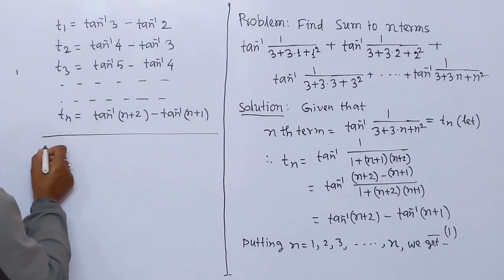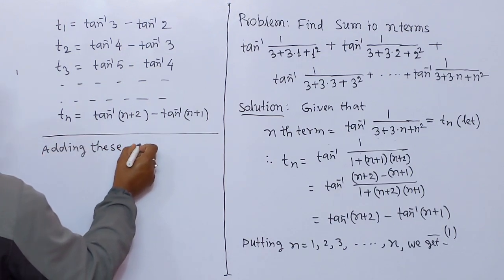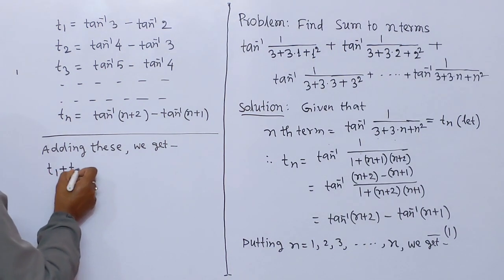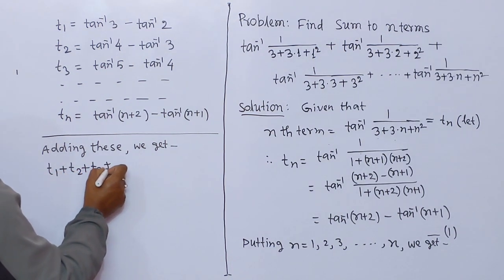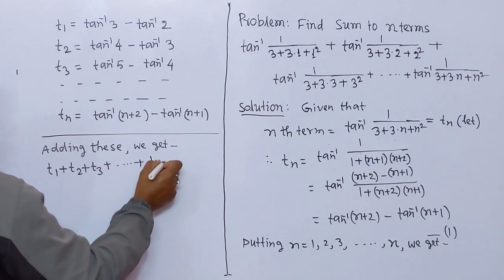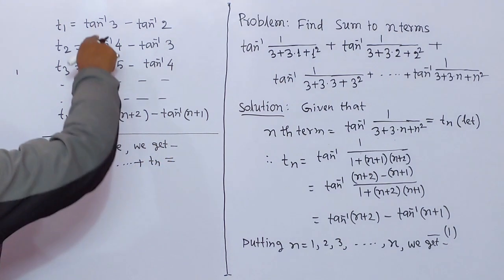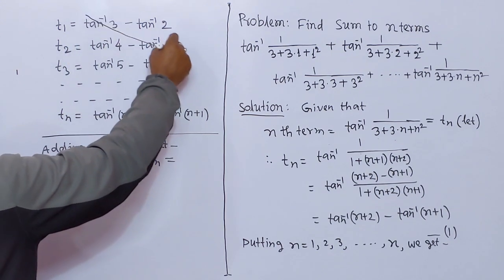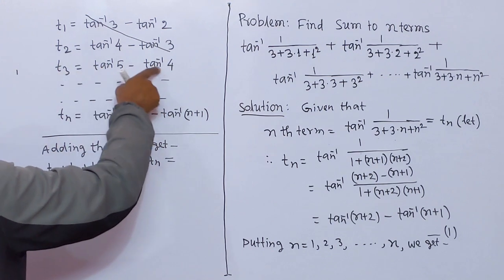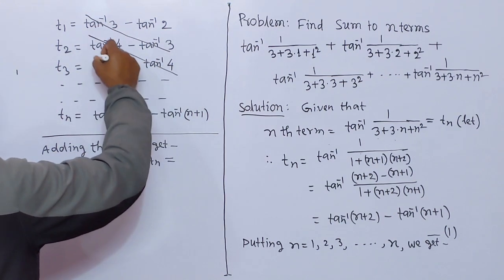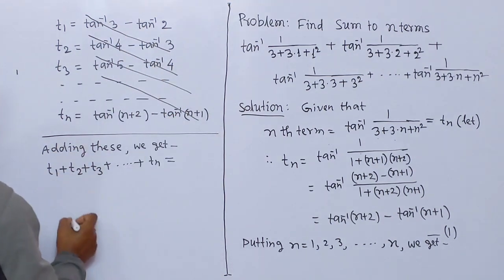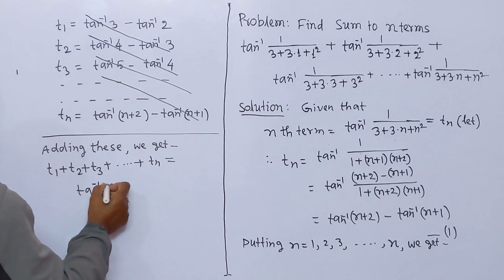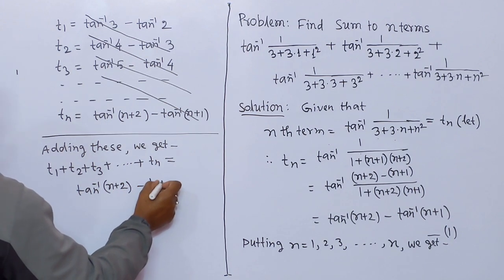Adding these, we get T1 plus T2 plus T3 plus dot plus Tn equal to, here tan inverse 3 positive, tan inverse 3 negative, so this cancels, tan inverse 4 positive, tan inverse 4 negative cancel. So this diagonal cancels, only remains tan inverse (n plus 2) minus tan inverse 2.